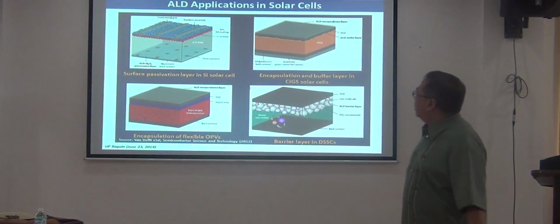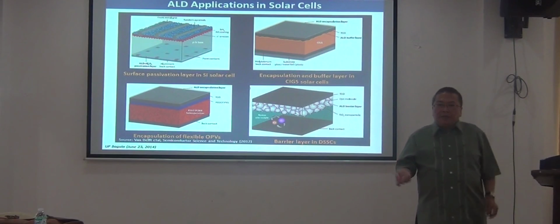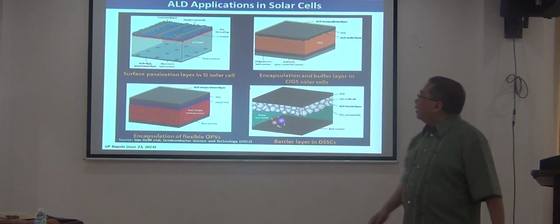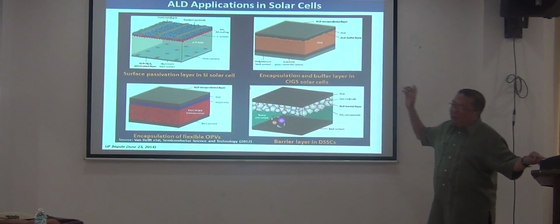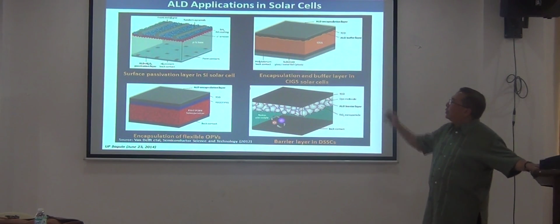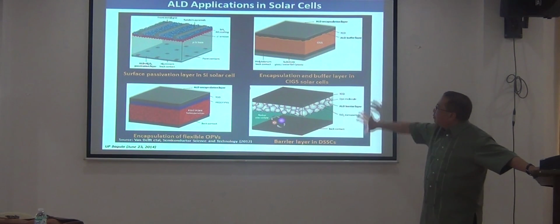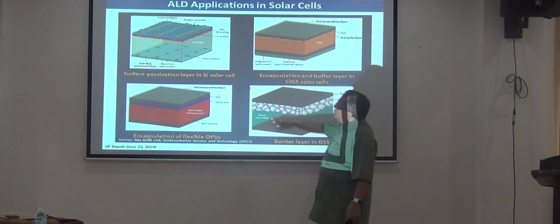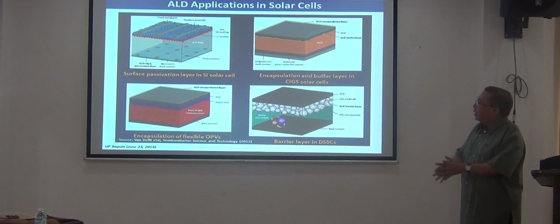Energy harvesting. Okay, I'll just discuss a couple of things. One is solar cells, and the other one is capacitor application. There are a whole host of applications related to solar cells, and I just summarized some of them here. For example, ALD is used as a surface passivation layer in silicon solar cells.